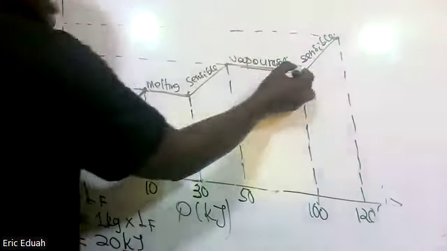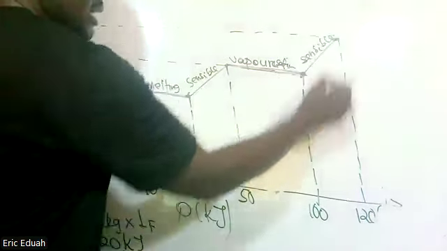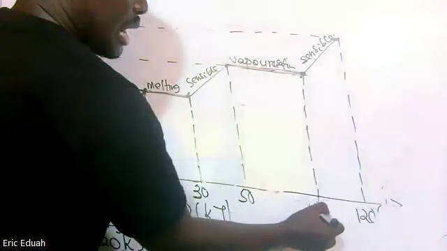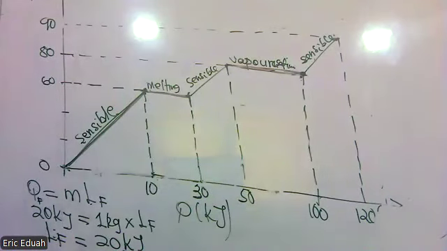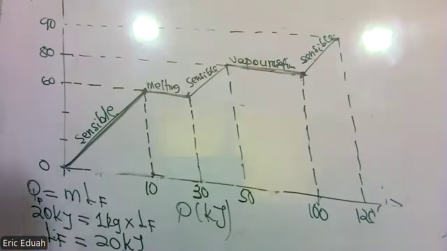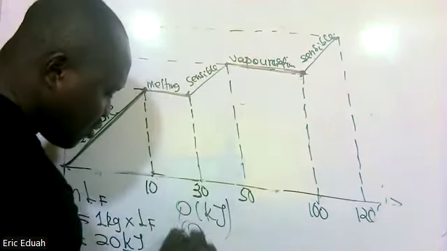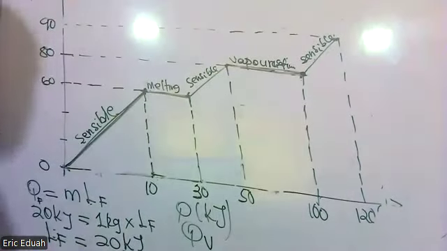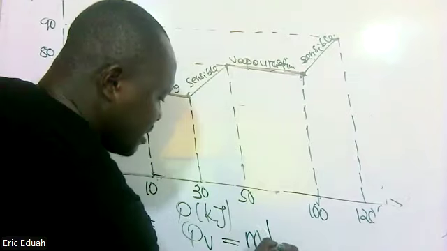So the temperature of the vapor is raised from 80 to 90 using further 20 kilojoules of heat energy. So the question demands the specific latent heat of vaporization of the material, or of the 1 kilogram mass of the substance. This has to do with QV. We know QV is equal to M times LV.